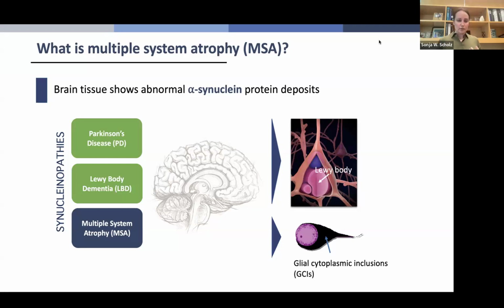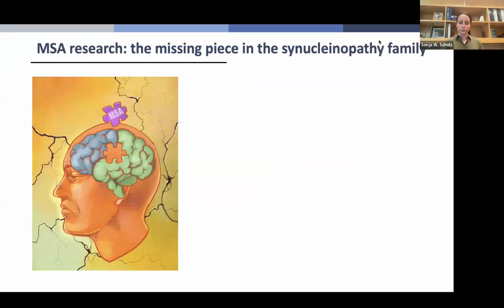And recent studies have shown that although they are made up of the same kind of synuclein protein, the misfolding is different in multiple system atrophy compared to the other synucleinopathies. So there are some molecular differences. And so while we can distinguish the disease quite easily on pathological grounds, when we look at brain tissue, it can be quite challenging to tell the diseases apart on clinical grounds, particularly in the very early disease stages.